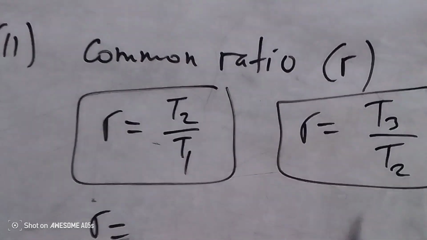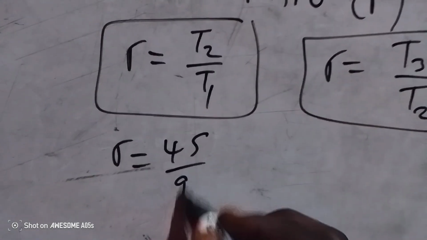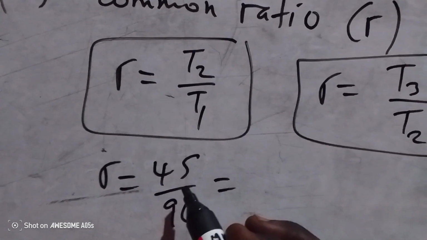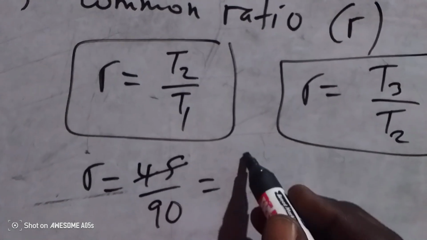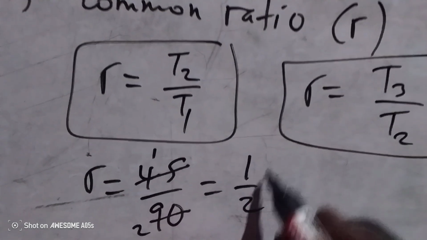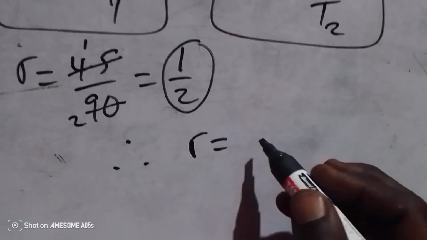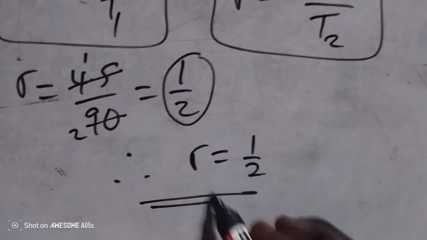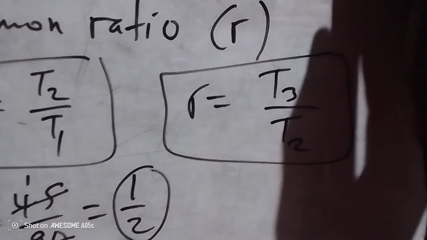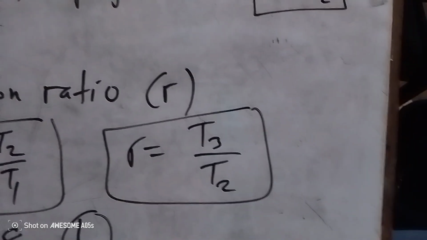For T2 we have 45, and for T1 we have 90. 45 into 45 is 1, and 45 into 90 is 2. Therefore R, the common ratio, equals 1 over 2.